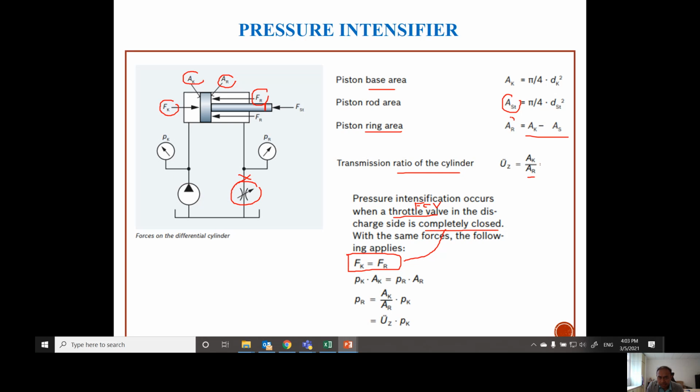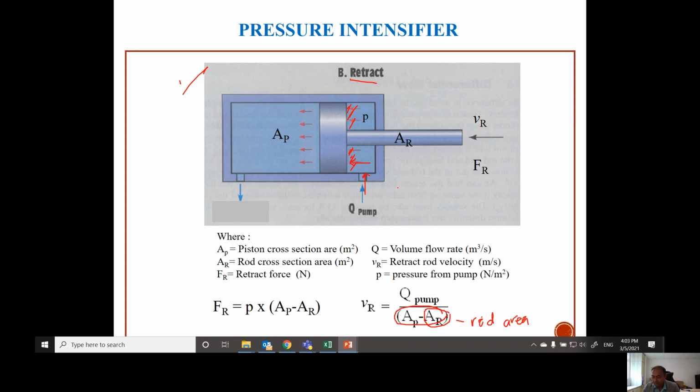But in this case, this AR is the ring area. So actually, AP minus AR in this case is actually equal to the ring area.